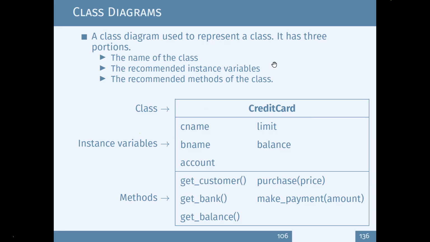Usually we say getters and setters. Here, we have methods to get information, like getting customer details, getting bank details, and also getting balance. Similarly, you can make purchases, and make payments to the cards. So a class diagram represents this different information in a graphical environment like this.